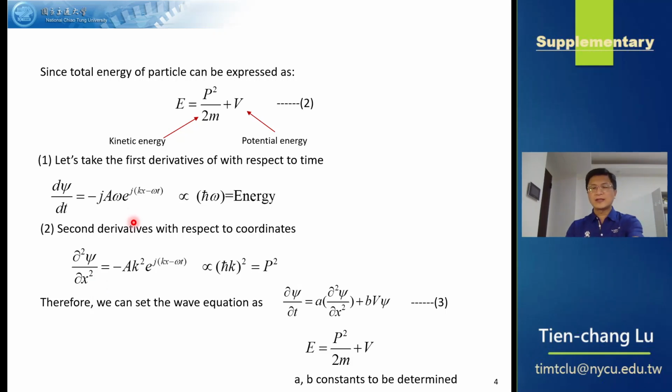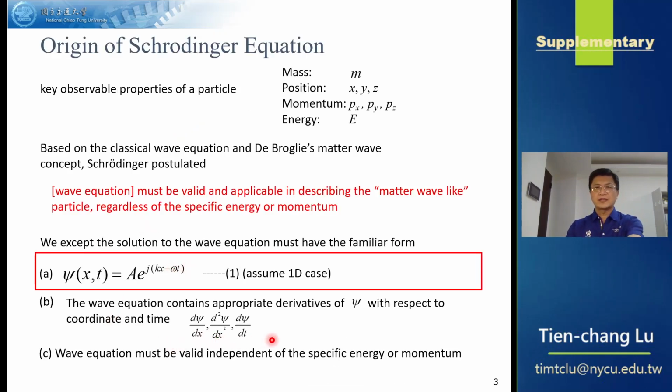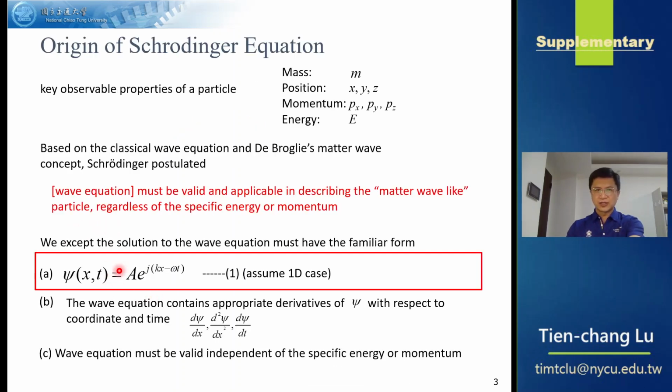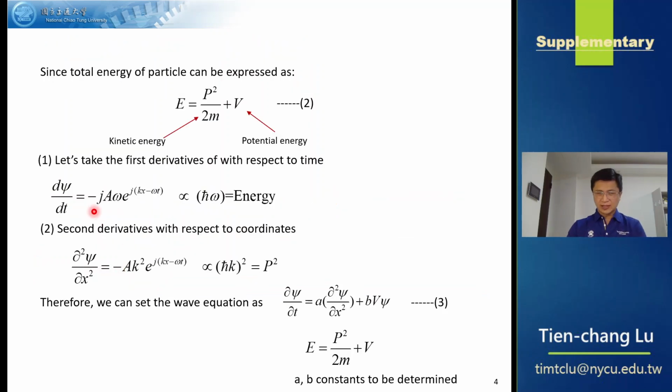Since we have to find appropriate derivatives of phi, we take the first derivative with respect to the time, d phi over dt. Since phi equals this one, d phi over dt gives us the solution, that is minus j times A times omega times exponential j(kx minus omega t).